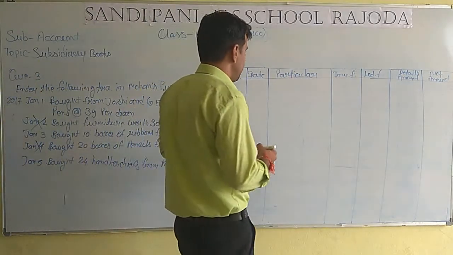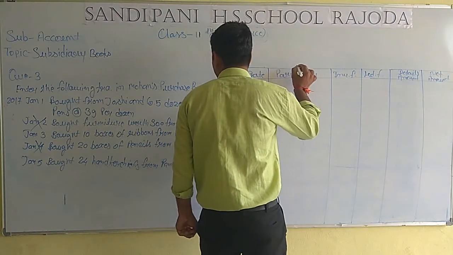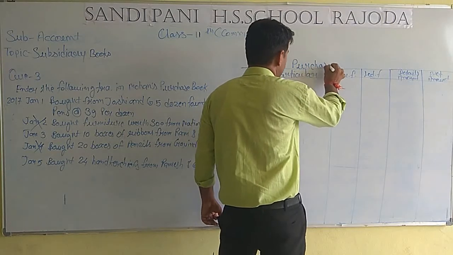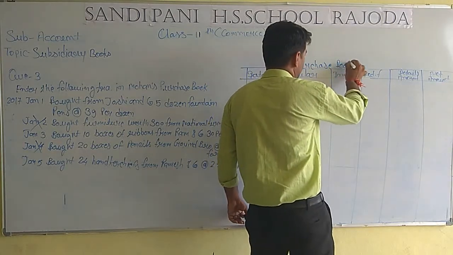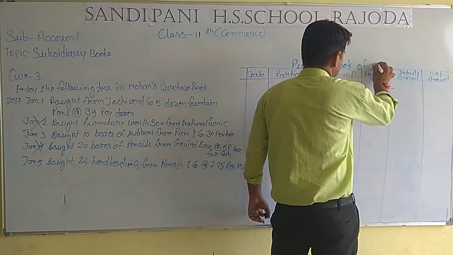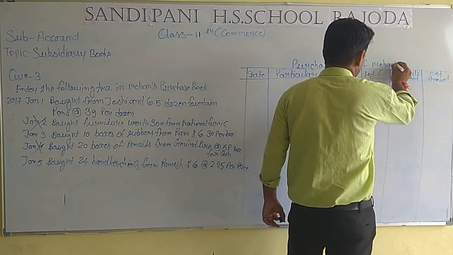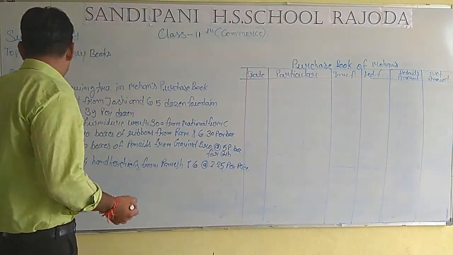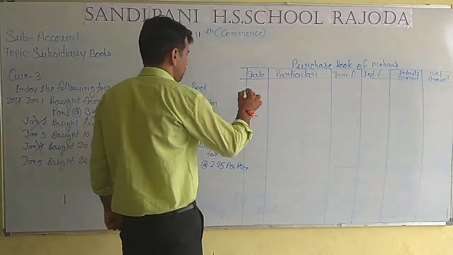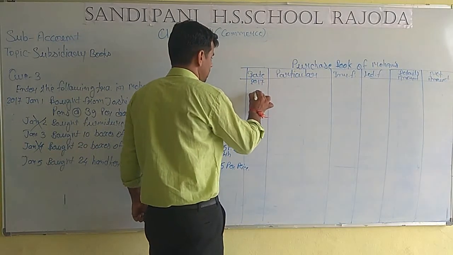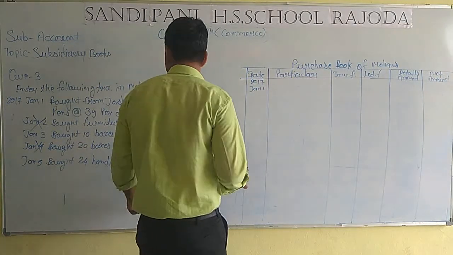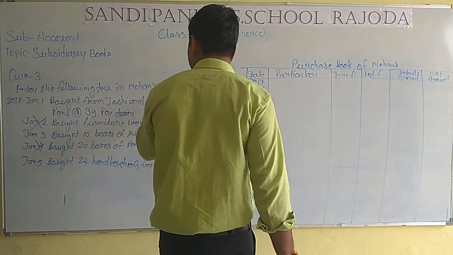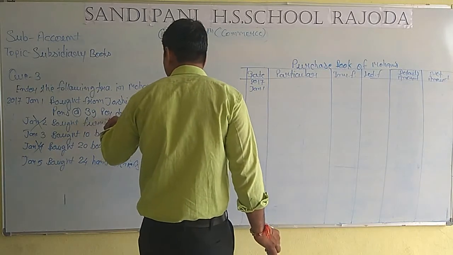So let's start. First of all we will write the heading: purchase book of Mohan. Now the first transaction is given, 2017 January 1st. Bought from Joshi and Company 5 dozen fountain pens at 39 per dozen.